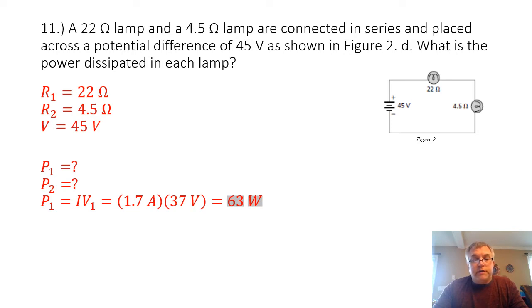So 1.7 amps times 37 volts will give me 63 watts. To find the power dissipated by the second lamp, I multiply my current by the voltage of the second lamp, which was 7.7 volts. So 1.7 times 7.7 is going to give me 13 watts.